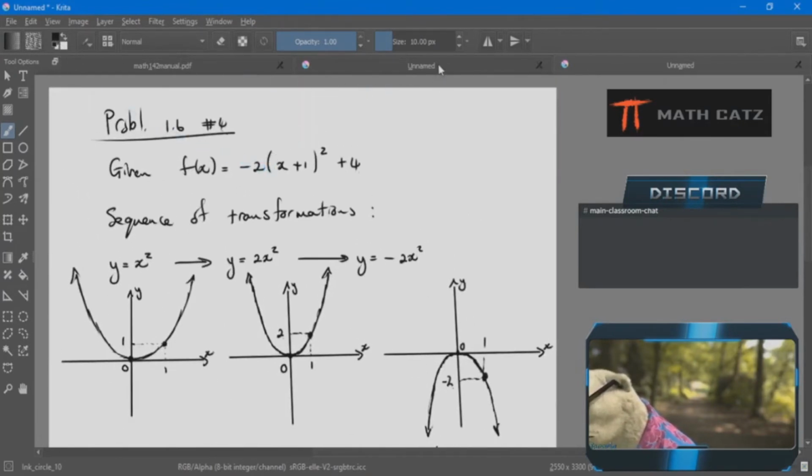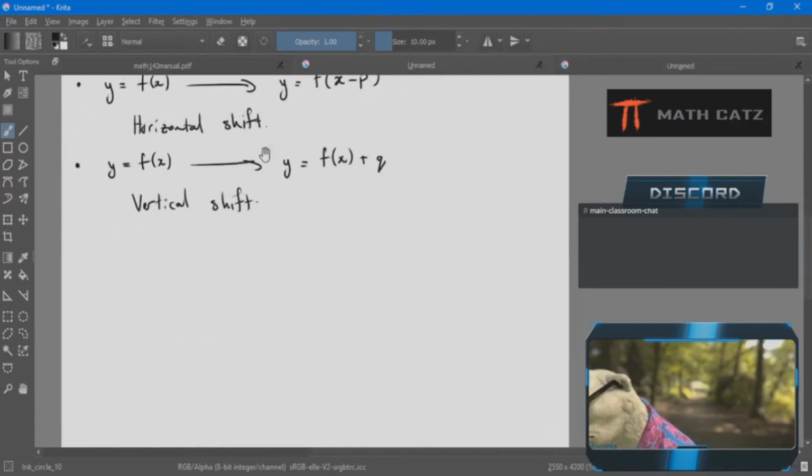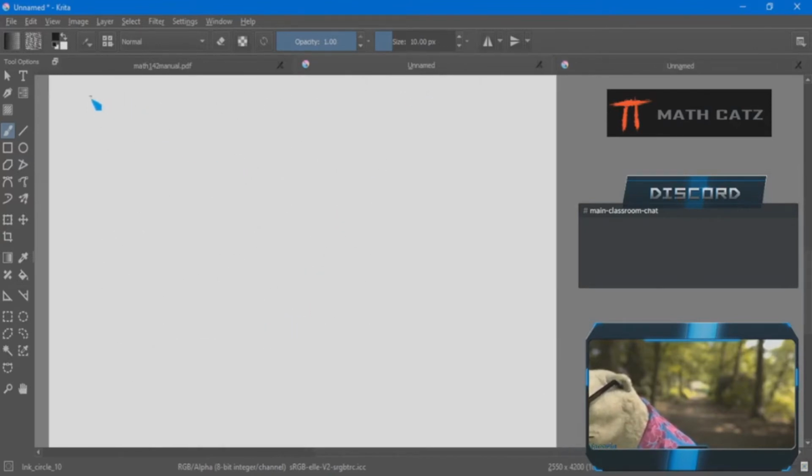Let me see. Can I go back to this page? I've got a lot of space here. So let's just note we have our standard form for our quadratic function, which looks like this. Now in this case, don't be confused.